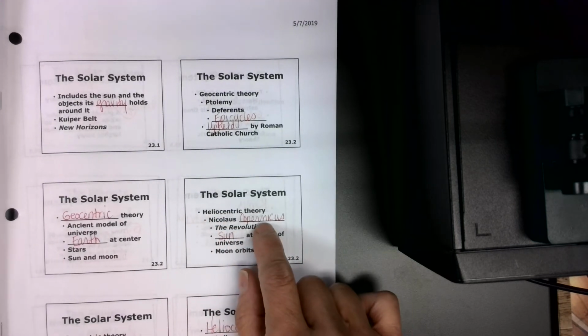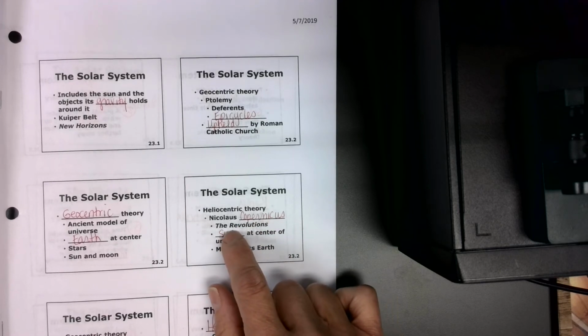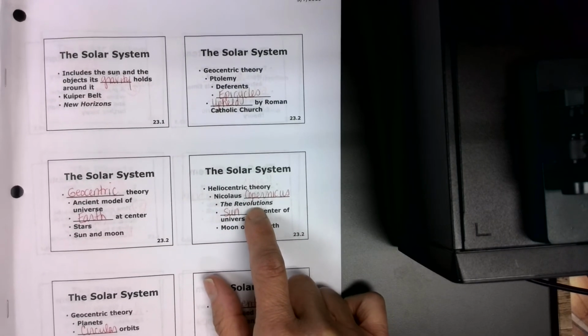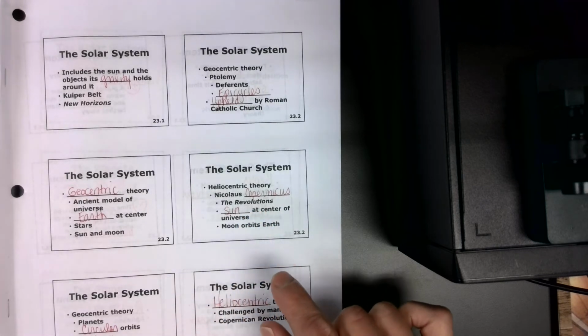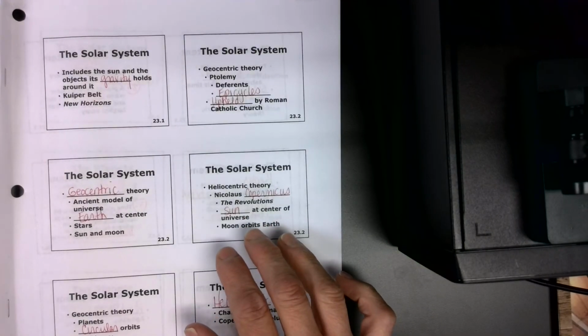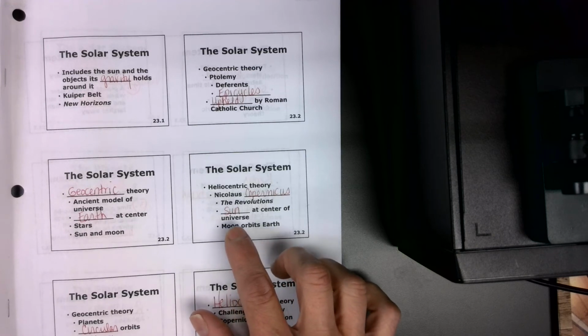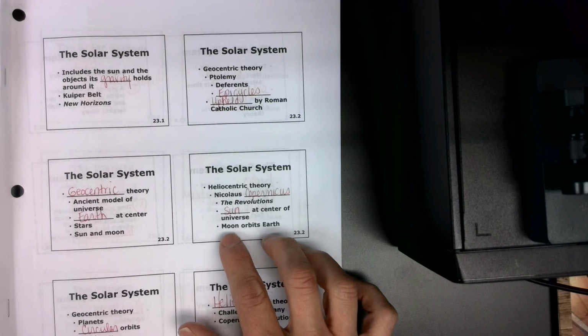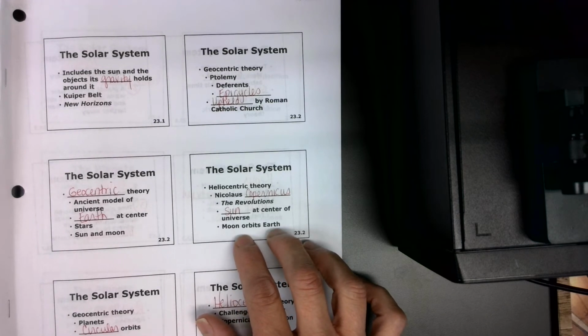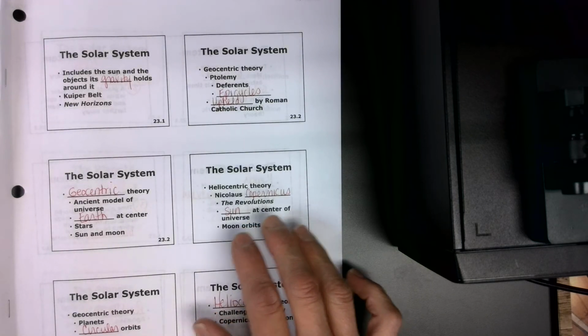So Nicholas Copernicus wrote a book called The Revolutions, and he was one of the main scientists bravely putting his life on the line by teaching the fact that the sun was the center of the universe and not the Earth, that the moon orbited the Earth, but the rest of the planets and the sun did not.